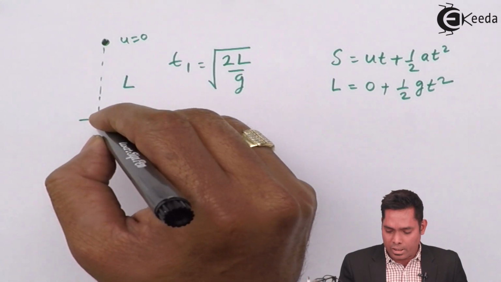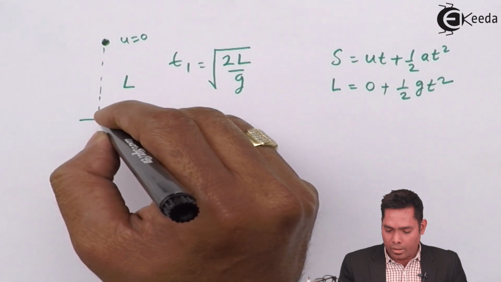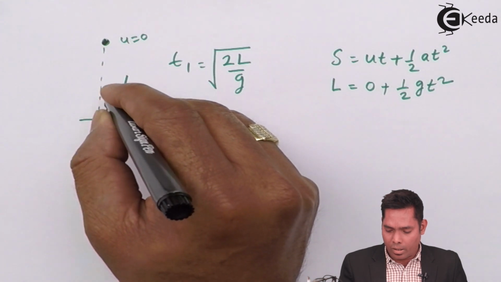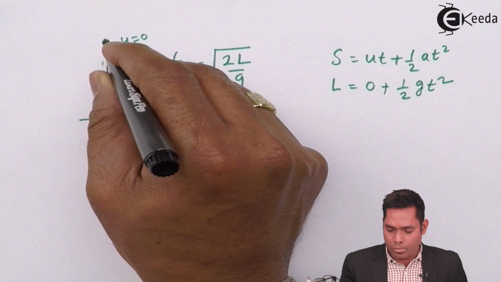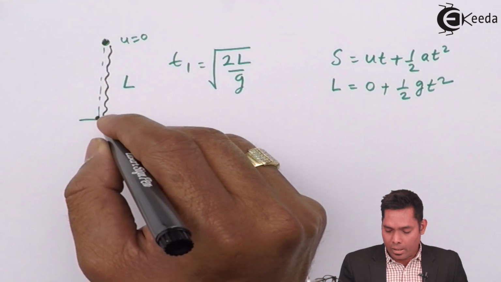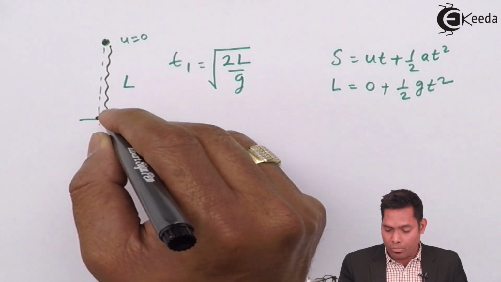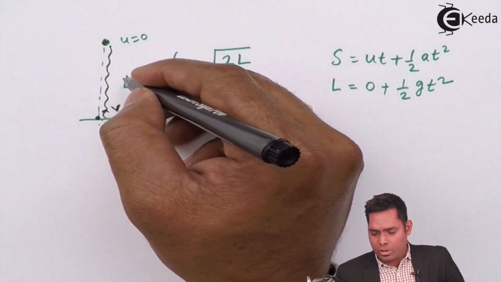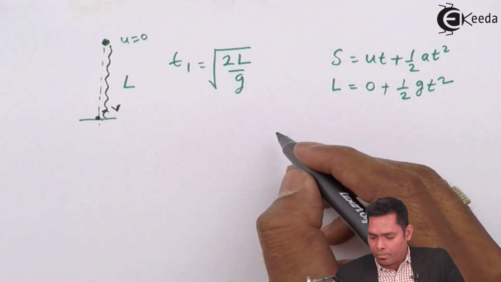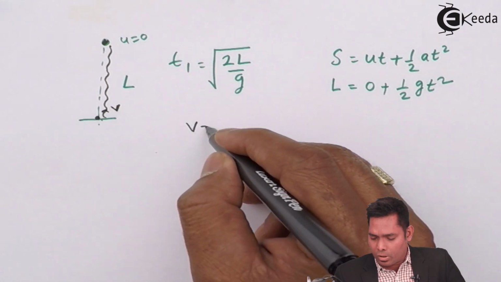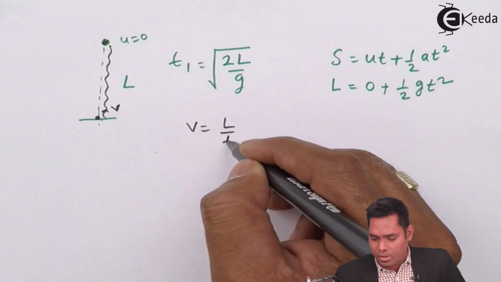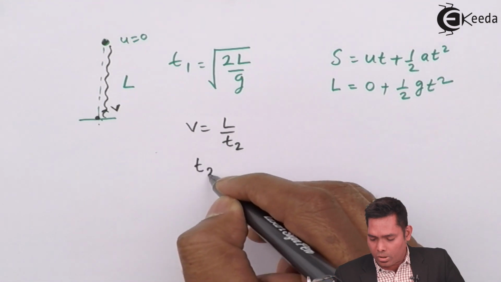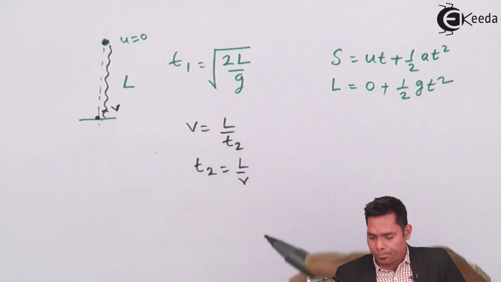Now after this hits, sound is produced and travels to the observer or listener with speed v, and the distance is L. Since v is distance by time, t2 is L over v.